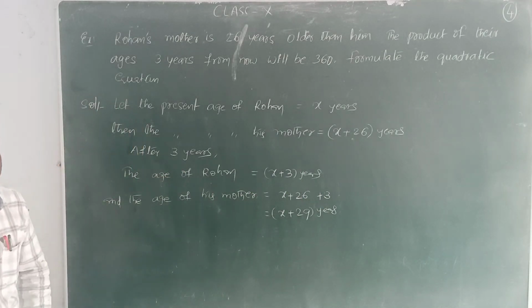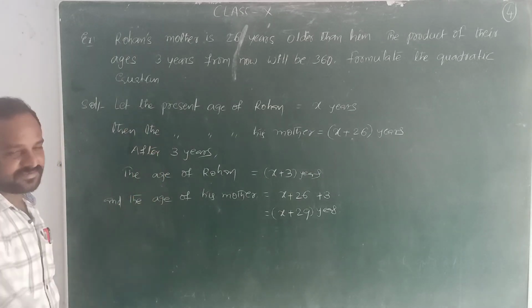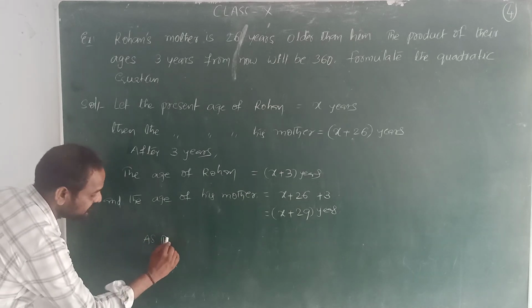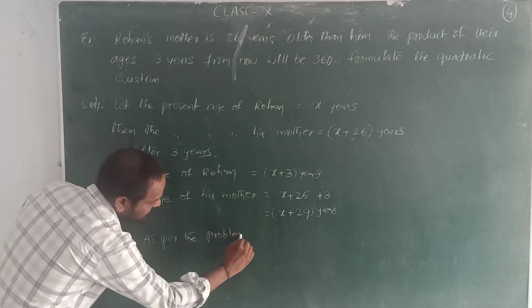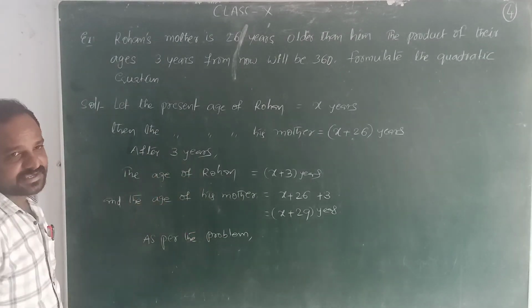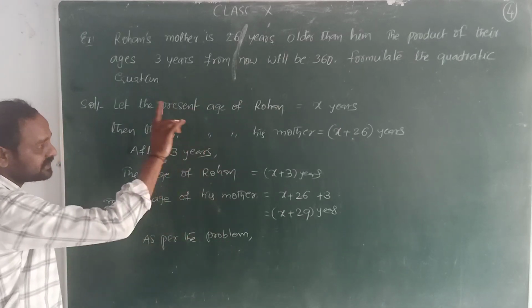Now what we need to find out? A quadratic equation form for the given information. So as per the problem, what is given? The product of their ages after 3 years is equal to how much? 360.